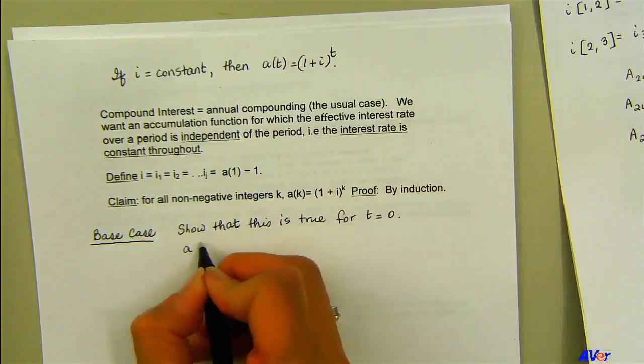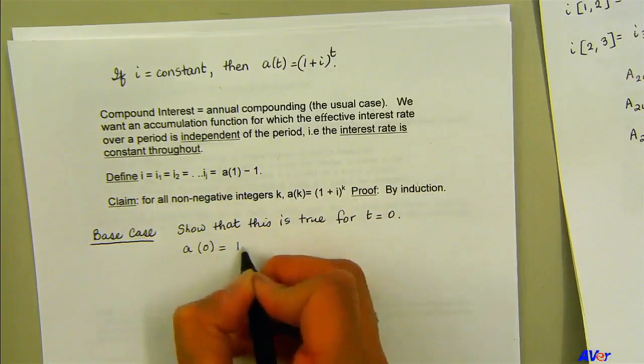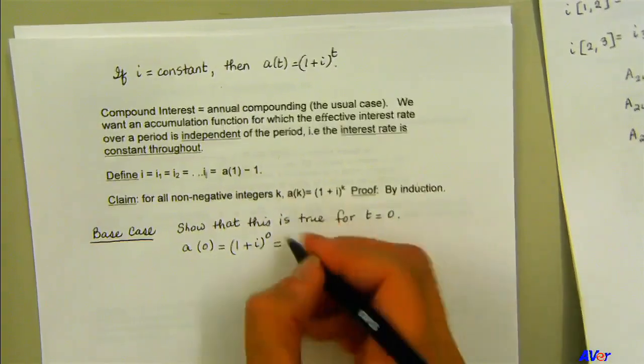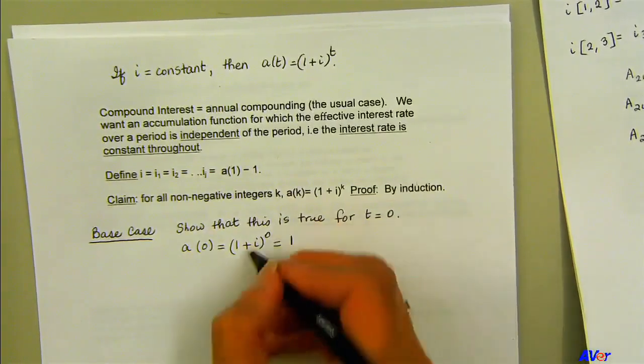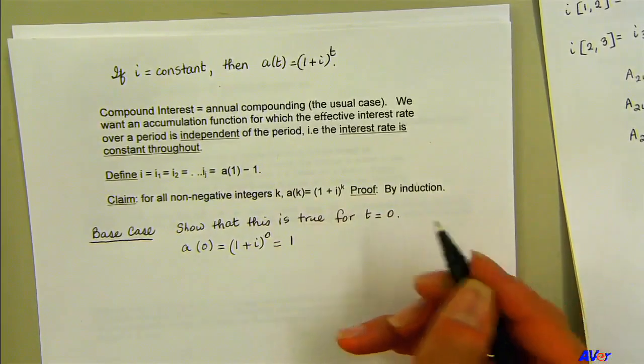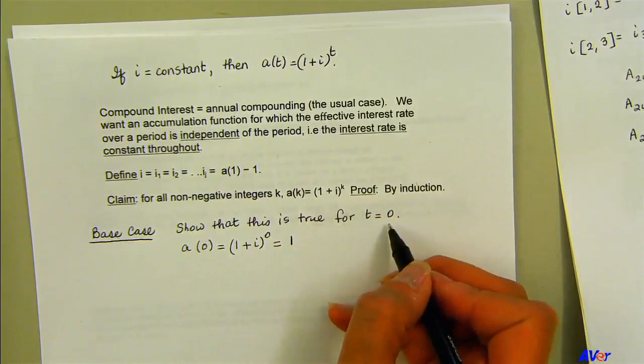So I want to show that a of 0 equals (1 + i)^0. And it is. (1 + i)^0 is 1. So a of 0 is 1. So it's clear that it is true for t equals 0.